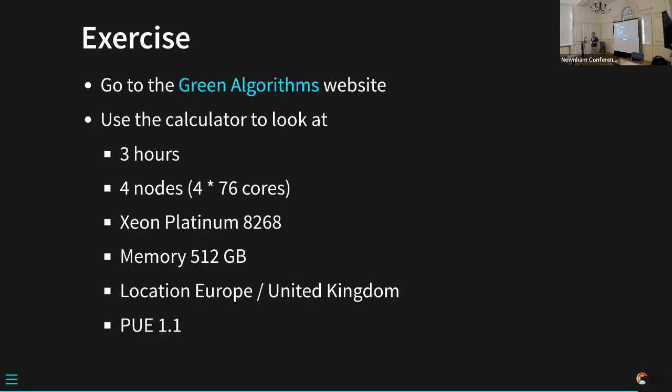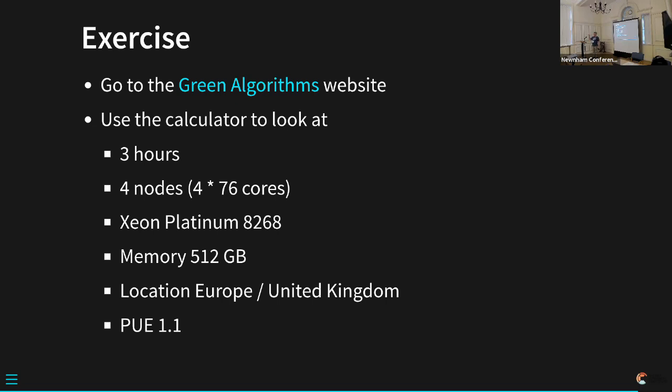So just before tea or coffee, the final exercise is to go to the Green Algorithms site and try to estimate the computing resources which we reserved for us, which was 4 nodes, 76 cores, and the closest thing on Loïc's calculator is the Xeon Platinum 8268, 512 gigs of RAM.